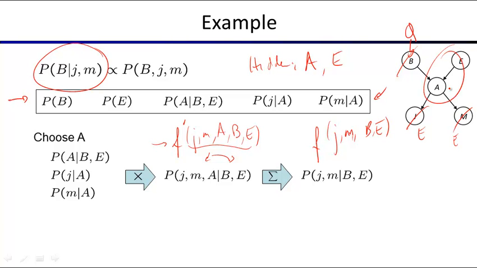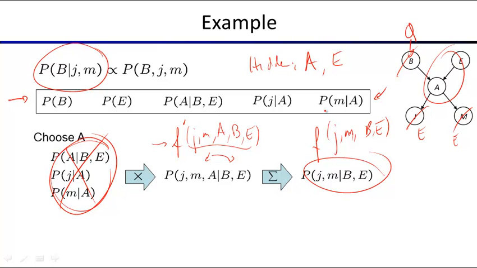What factors remain? These factors have been used. They're gone. We don't have them anymore. Instead, we now have this one. Which do these correspond to?